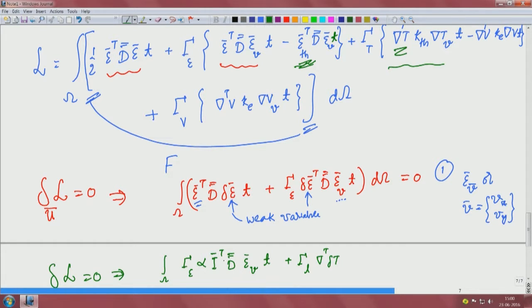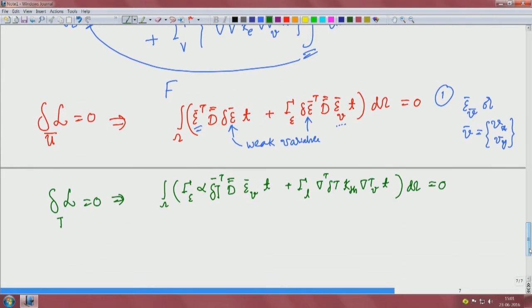When we say here, I should write it better, I will write it as delta T, that is variation of T, delta T into k T h delta T v T, all of this d omega equal to 0. Now, this does not involve anything to do with the adjoint variable of the electrical thing.